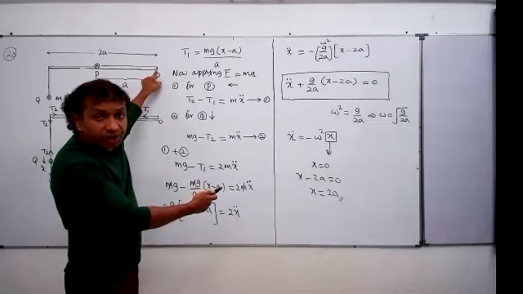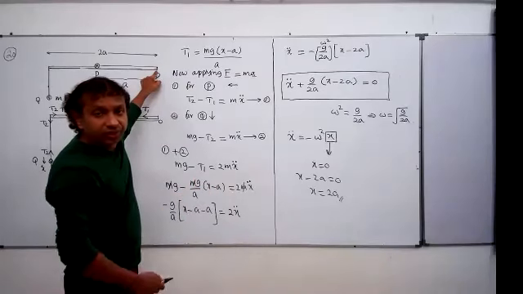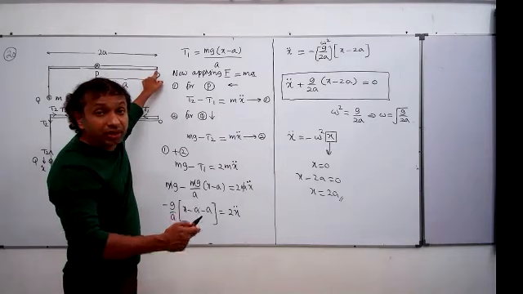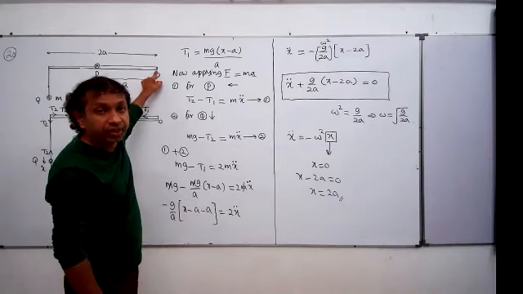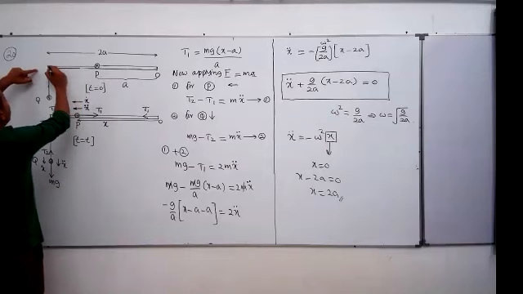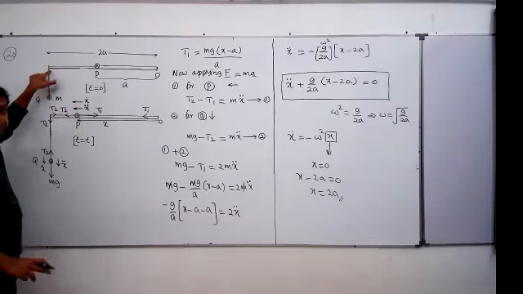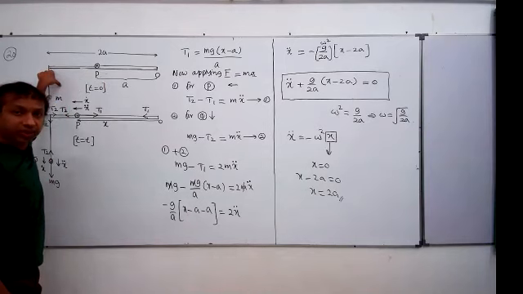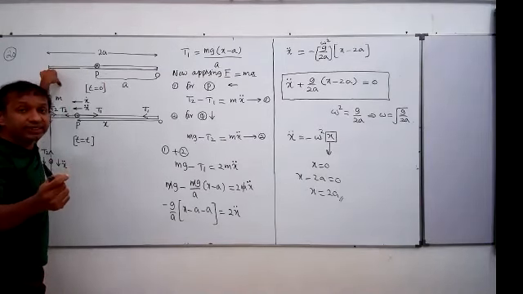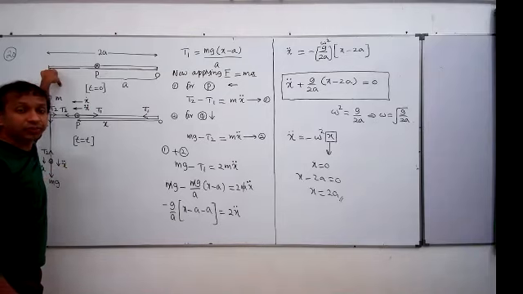Then x equals 2a is the position of the center. So therefore, people, in this simple harmonic motion of the particle P, the center is this edge, because 2a is here. This is the edge. That edge point is the center of the simple harmonic motion.